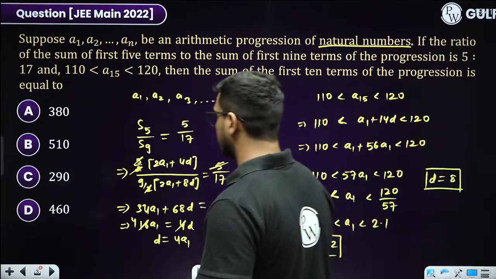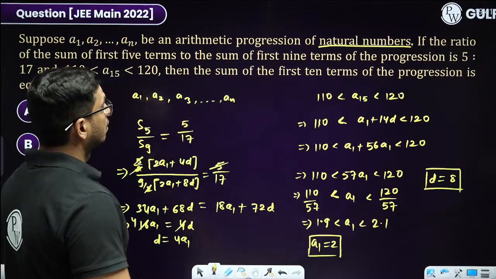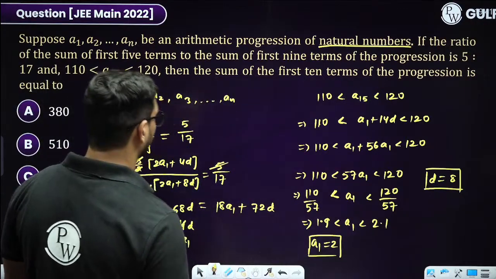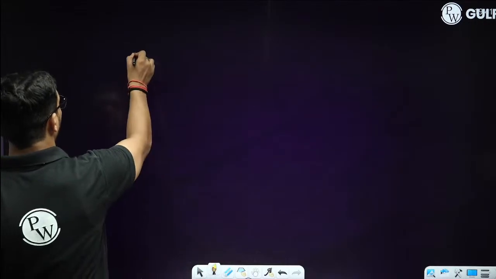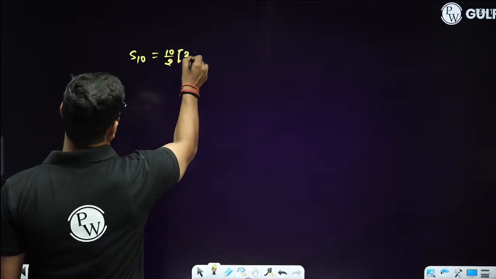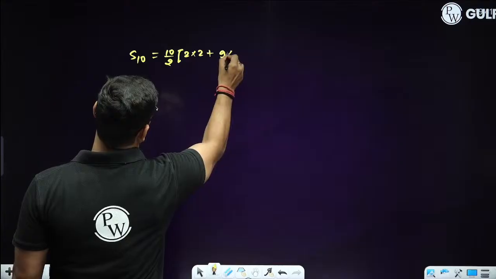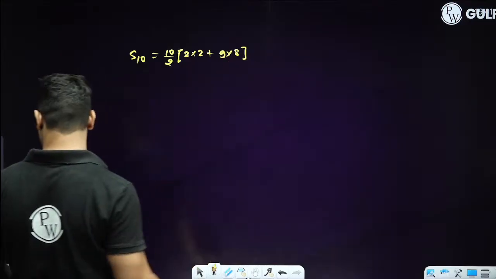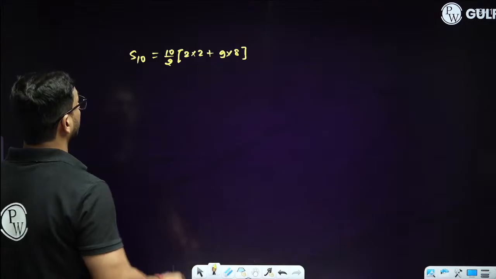D is 8. Now we have to find the sum of the first 10 terms of the progression. So S10 is 10 by 2 into 2 into 2 plus 9 into 8. Is it? Yes, sir. Okay.